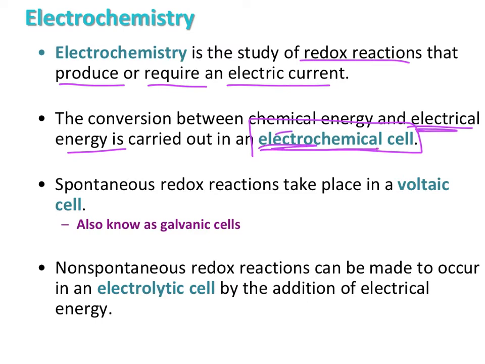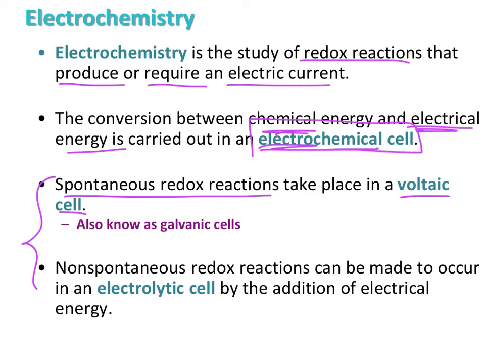Electro and chemical. So we have two types of cells. We have voltaic cells, which are whenever you have spontaneous redox reactions. We know spontaneous reactions in general do not require any outside input. They will happen on their own.